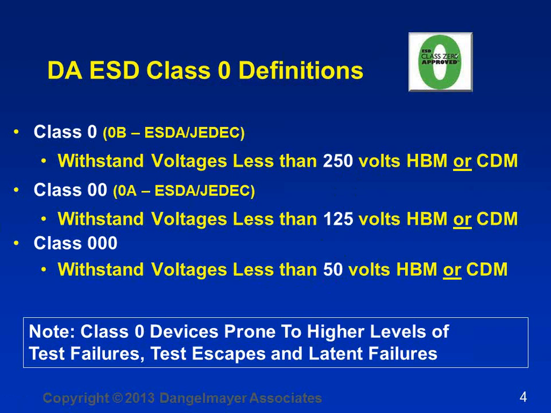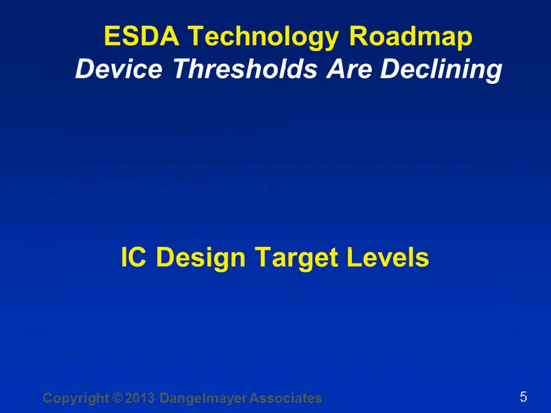We've also found that class 0 devices are prone to higher levels of test failures, which I think is pretty straightforward, as well as test escapes, meaning devices that were damaged perhaps, but the areas that failed were not part of the test vectors for the test program. Because of the higher failure rate for class 0, test escapes tend to happen more often, and latent failures are also more prone to occur, which we'll talk about a bit in a moment.